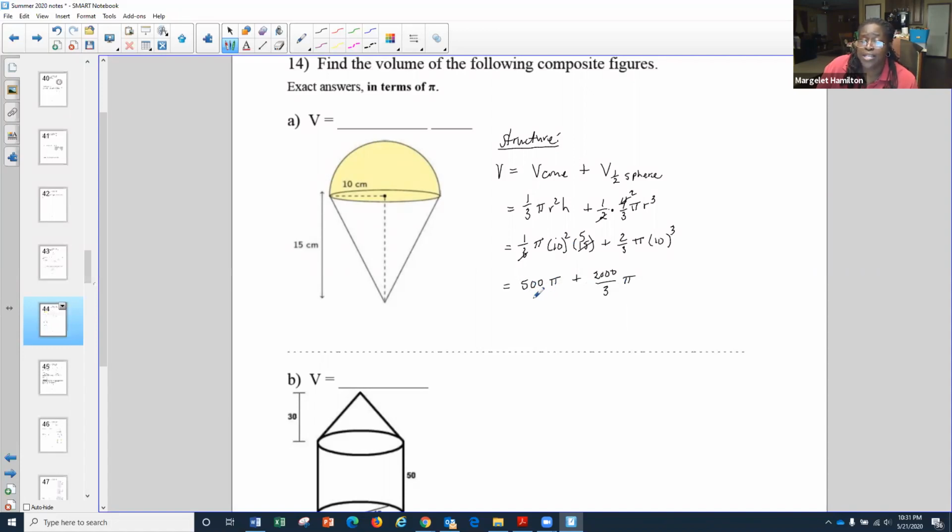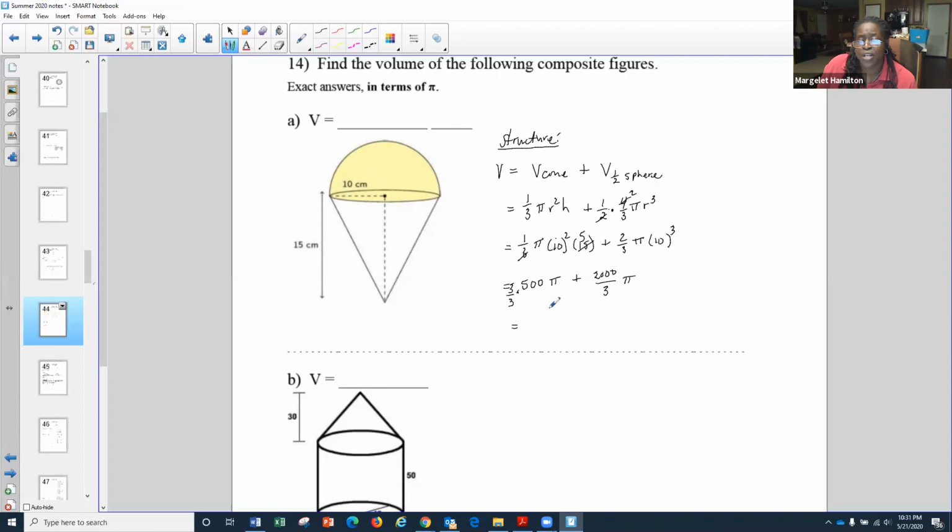In order to make this a 3, I'm going to multiply it in the form of 1 by 3 over 3. Now this is old school. New school would say, take 500, multiply it by 3, and then take that number and put it back over 3. We're doing the same thing right here.